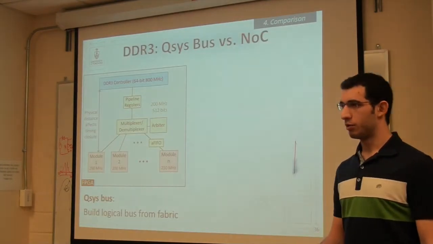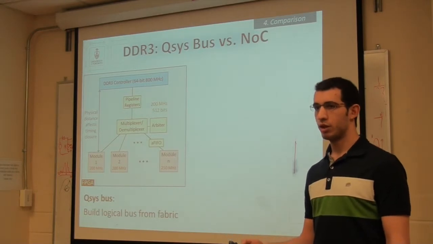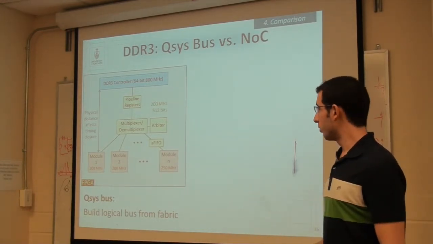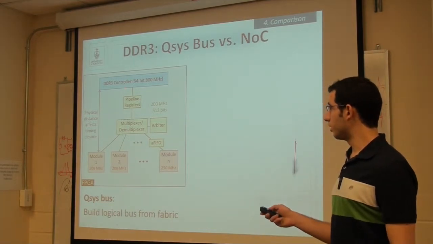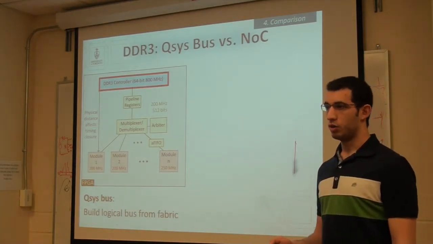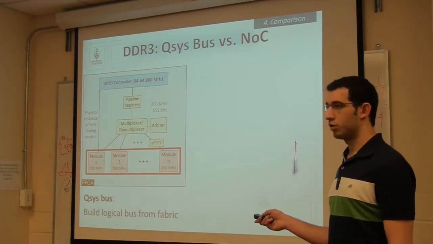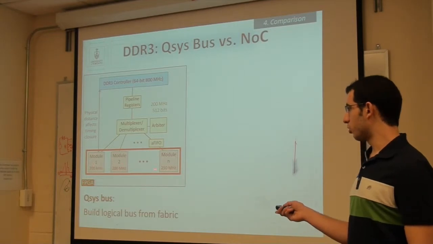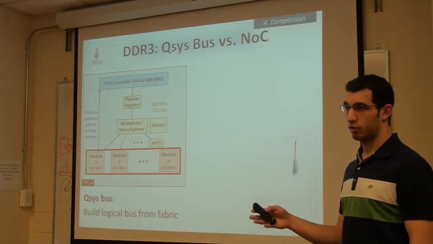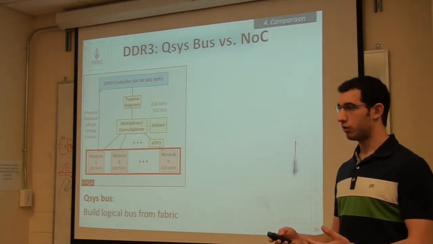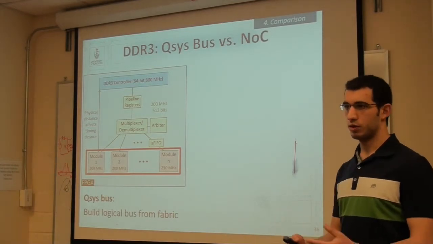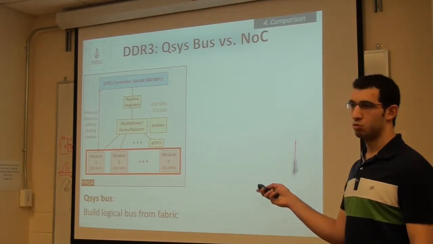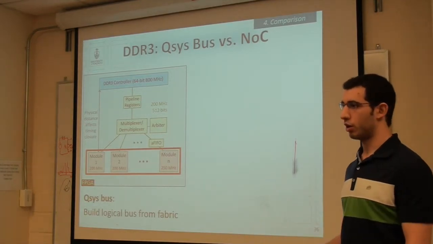Okay, so now a more real comparison instead of the raw efficiency comparison. In this case, we take a DDR3 controller and we try to connect a bunch of modules to it, just traffic generators, basically. We vary the number of modules and generate the interconnect using QSys. QSys is a system integration tool: you say, I want to connect this number of modules to DDR, for example, and it generates the interconnect for it.